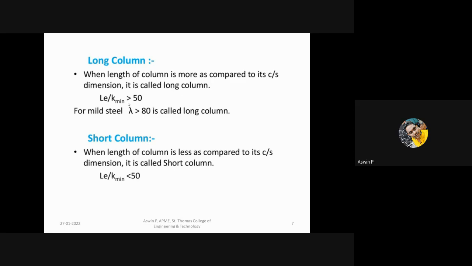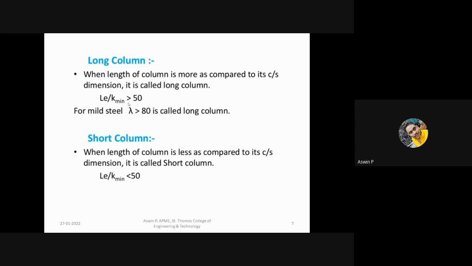Or in other words, LE divided by K min greater than 50, it is known as a long column.